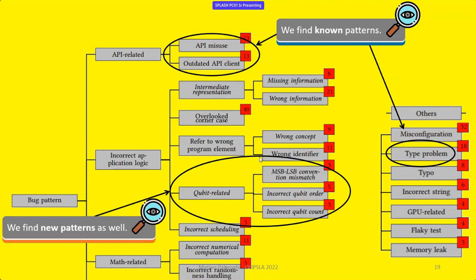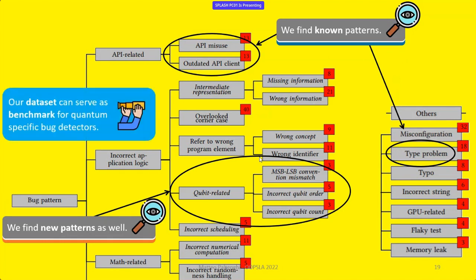And it's very easy to get confused about which convention we are using. And since the standardization is not very clear among platforms, there might be even misunderstanding within the same platform code. So this dataset provides, we argue, a benchmark, we believe, for quantum-specific bug detectors and for targeting specific bug patterns among the ones that we present.